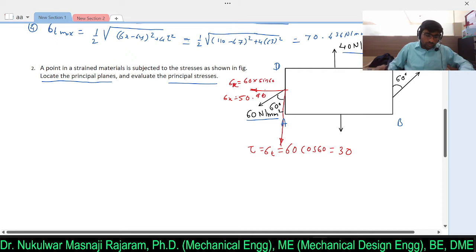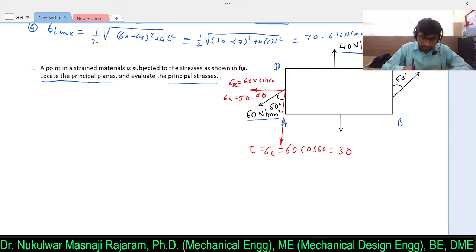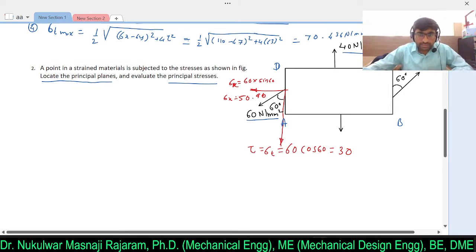So first you evaluate sine 60 and multiply by 60. Similarly, when you resolve these forces, you will get the same value. Along this direction that will be tau, and along this direction that will be sigma x.